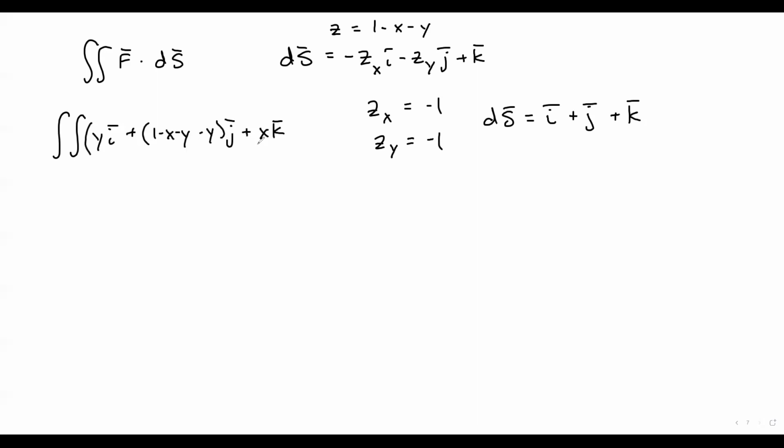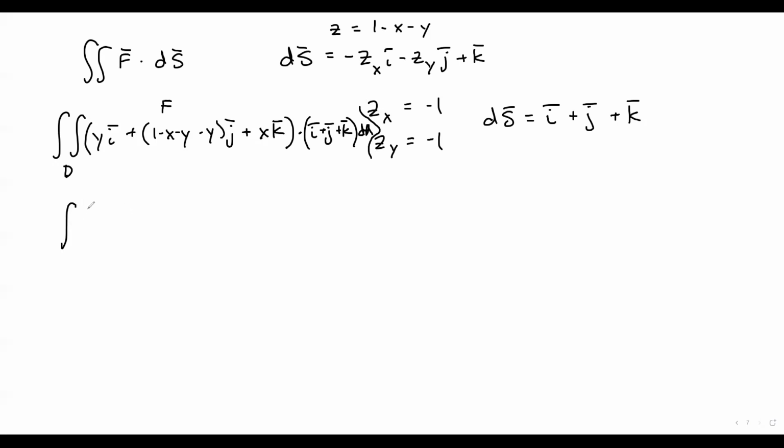All right, and so that's our F, except in terms of x and y. Then we want to dot it with our dS, i, j, k, dA, over domain D, over the x and y values.